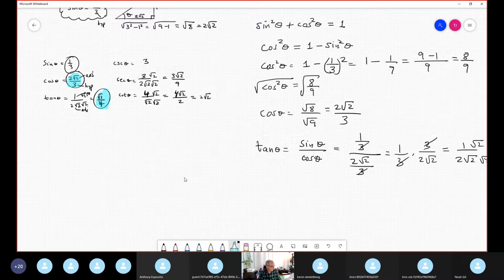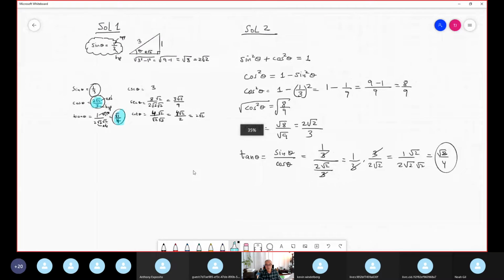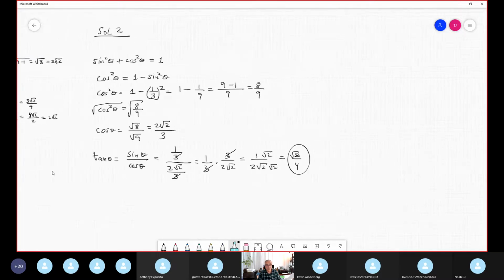And secant and cosecant are reciprocals. You apply the reciprocal. Okay, no problem. Suppose cosecant first. Cosecant is the reciprocal of sine. So flip that. What is the sine?